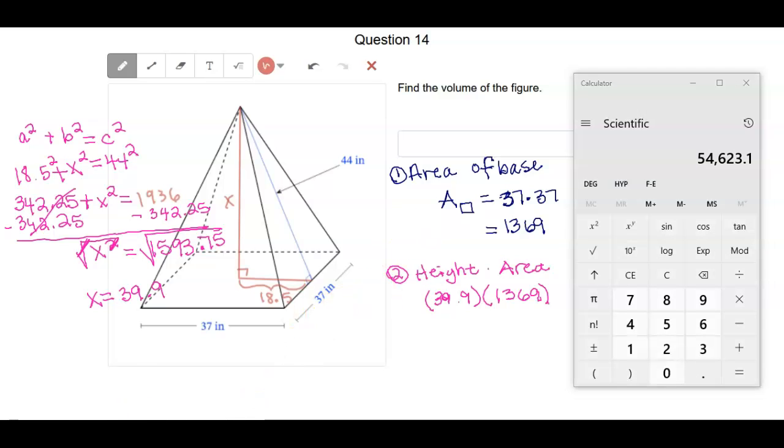But we also know that this is a pyramid, and when we find the volume of a pyramid, the last step is always to divide by 3 because we have that apex at the top, that point. So we're going to take our volume and divide by 3.